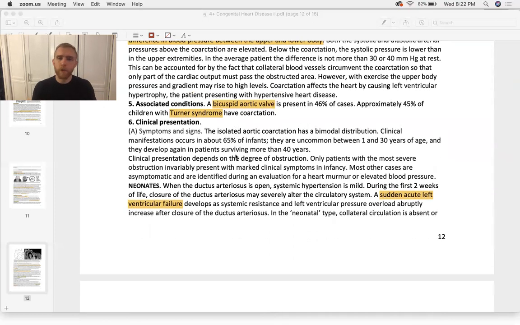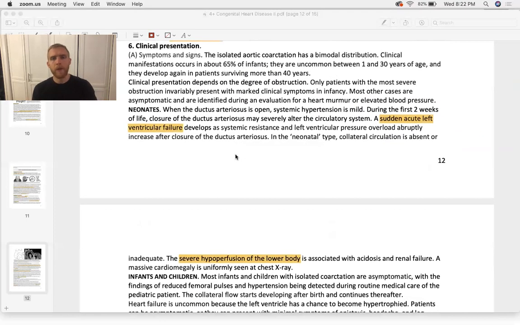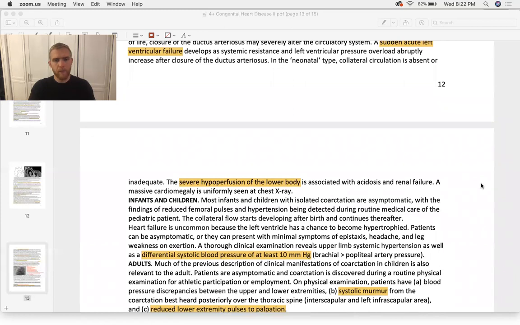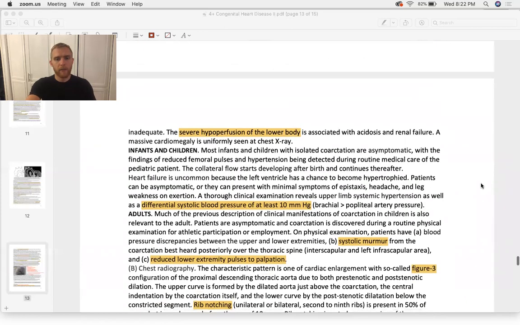So now we get into differential presentation between neonate and adult. Neonates are characterized by sudden acute left ventricular failure whenever that ductus closes. Again, you see a severe hypoperfusion of the lower body. It can lead to kidney failure. And a cardiomegaly is seen on X-ray. Why?